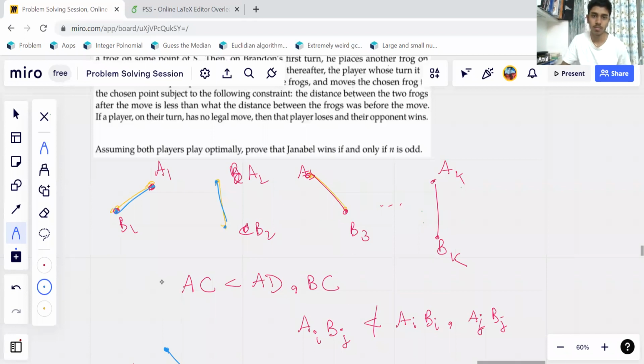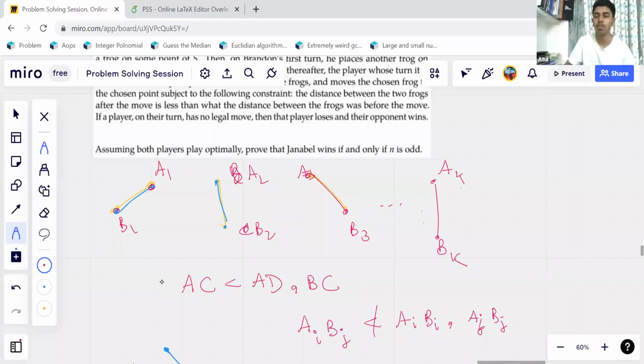Or okay, that may not work. I see. Yeah, it's almost the same, but what I did is a little bit different. And I assume the strategy for odd will be the same.